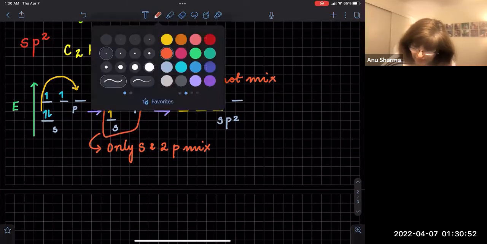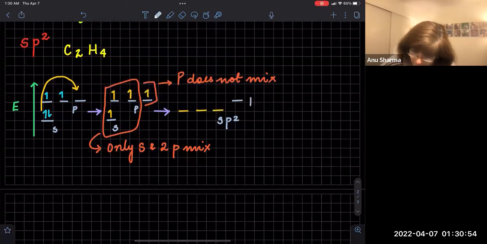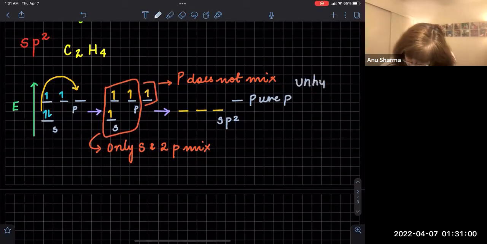This is a pure P, or it is unhybridized, a term they use, which means not mixed.